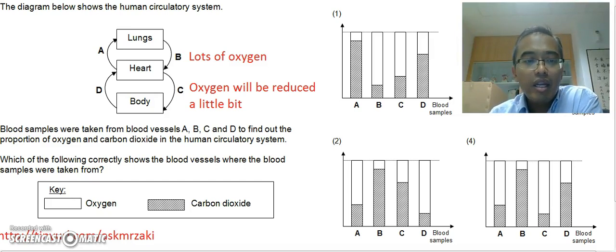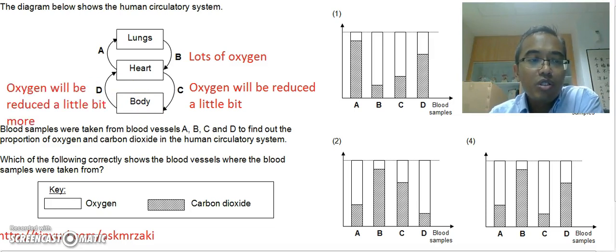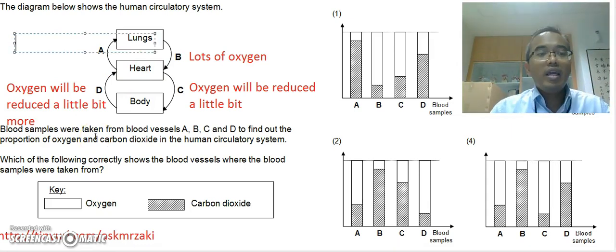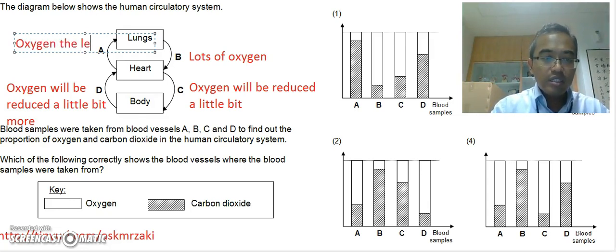Alright. And as it leaves this part here and goes to D, the oxygen will be reduced a little bit more. Am I right? And then of course as it goes, the heart will use a little bit more, and then at A, right, the oxygen will be the least.